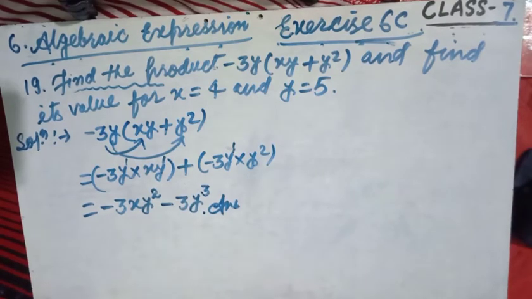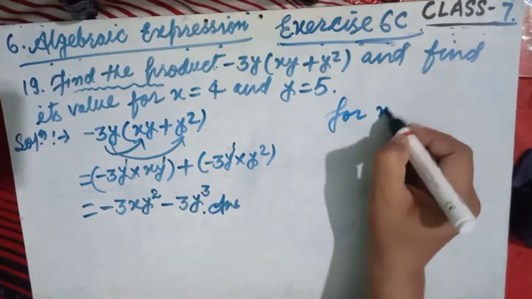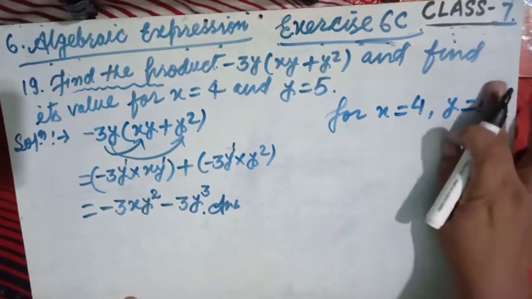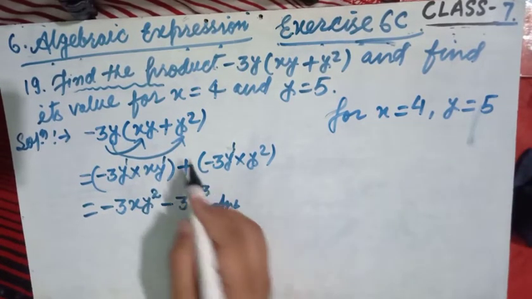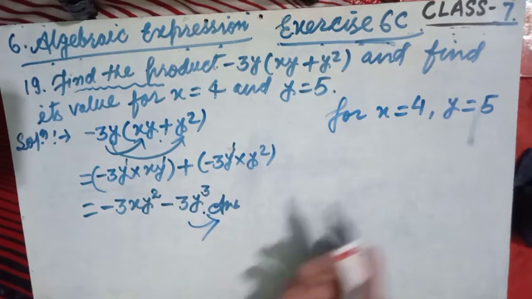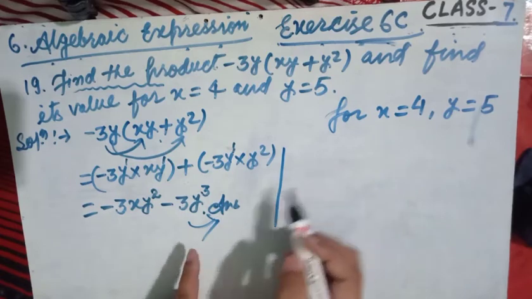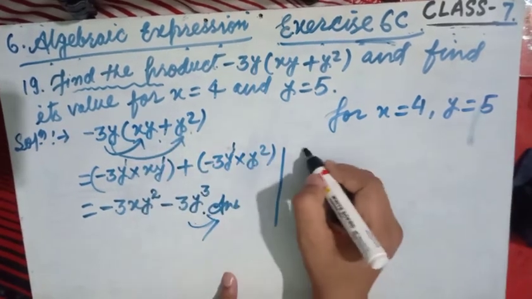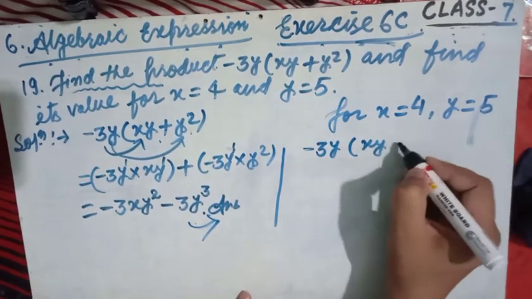Now the second answer: now the value for x = 4 and y = 5. Now we have to place the values in this product, or either here, it is up to you. Now suppose -3y; first of all write the original expression.